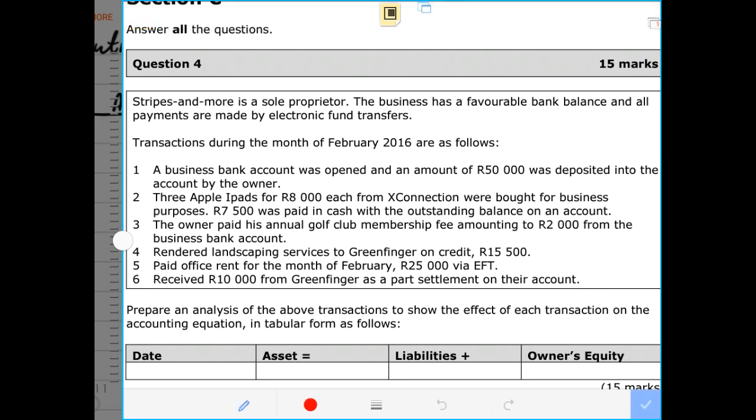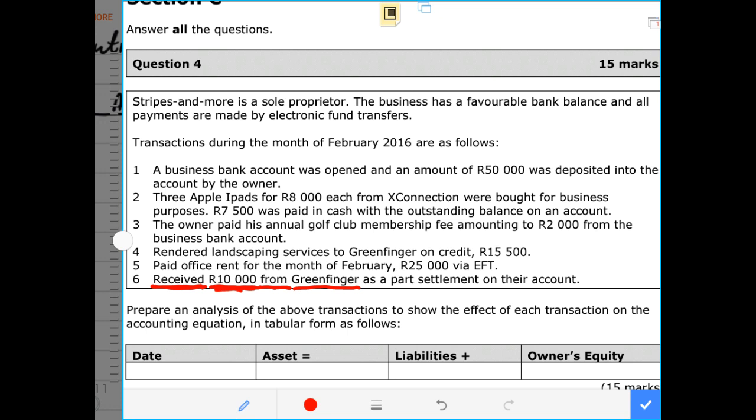So that is the reason we say our rent will be reducing the owner's equity, but the bank will be decreasing. Then the last one is number 6, which says received. Take note, it says received, and we received an amount of 10,000. From who? This amount was received from Greenfinger as part of the settlement of their account.